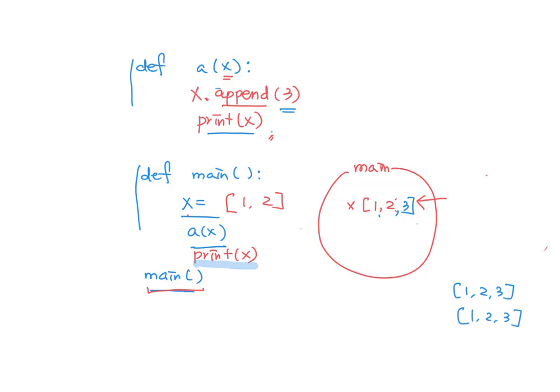So that's the case when a list variable is provided, and the value of x is modified within the a function. That is different from assignment.